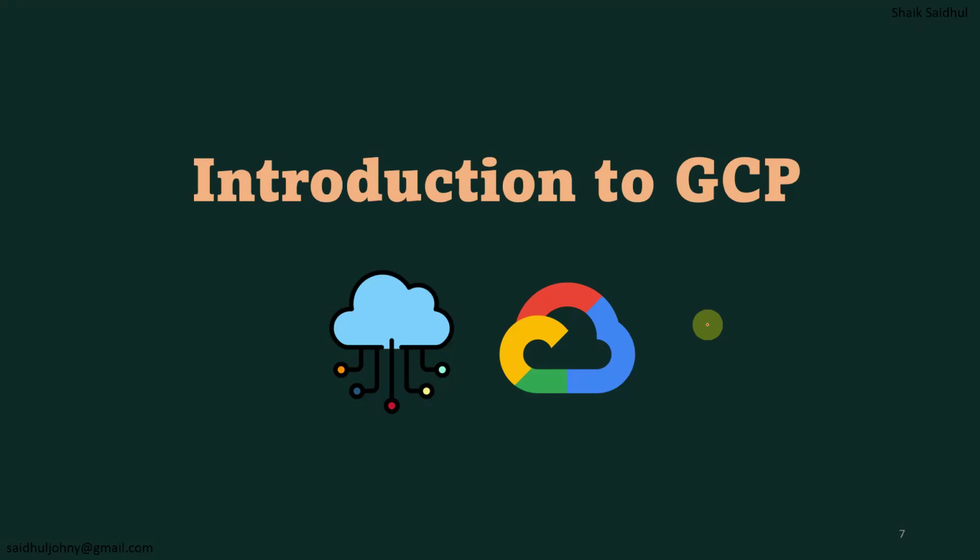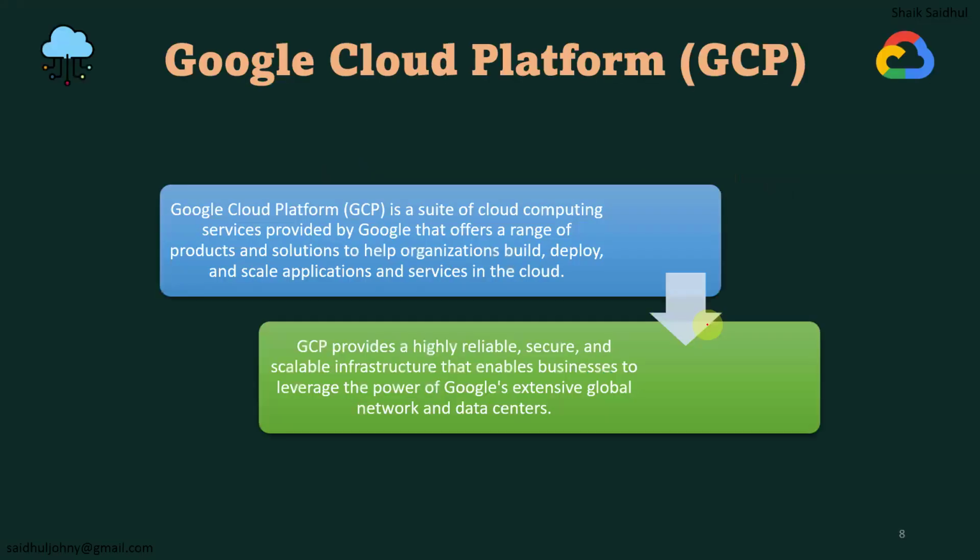And now we see what Google Cloud Platform is, right? We have seen it yesterday also. Let me tell you one more time. Google Cloud Platform is a suite of cloud computing services provided by Google. It offers a range of products and solutions to help organizations build applications, deploy applications, and scale applications and services in the cloud, which I have told you.